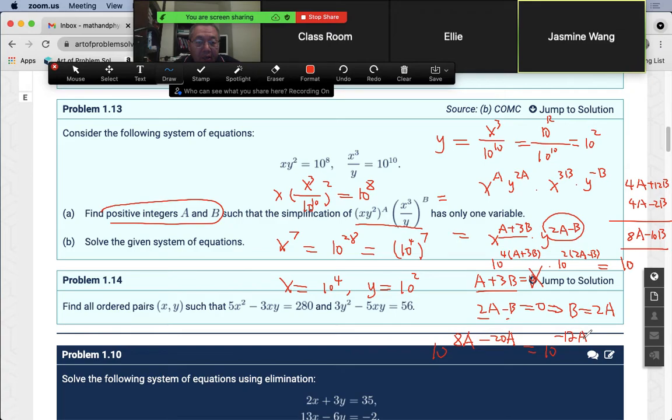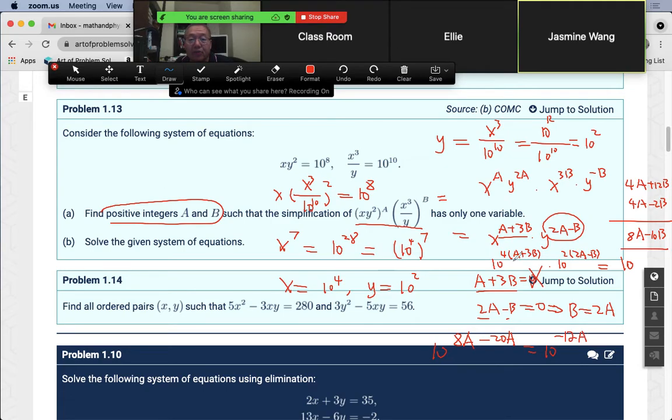And then, what will a equal? b equals 2a. So that means a can be any positive number, but b just equals 2a.